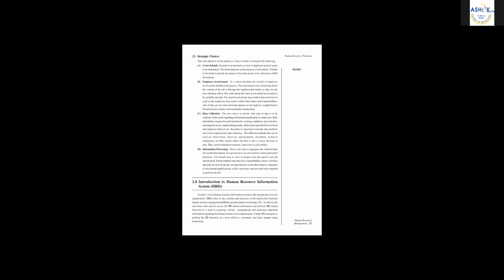Data collection. The next step is to decide what type of data is to be collected. Data can be regarding educational qualifications of employees, skills and abilities required to perform the job, working conditions, job activities, reporting hierarchy required, duties and responsibilities involved, and employee behavior, etc. Secondly, it's important to decide what methods need to be employed for data collection.